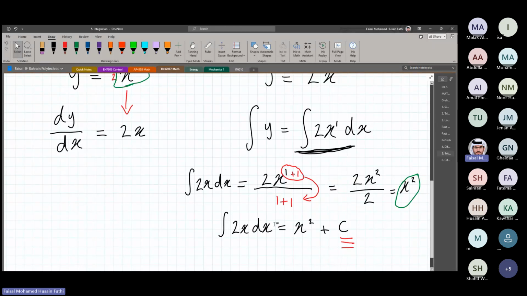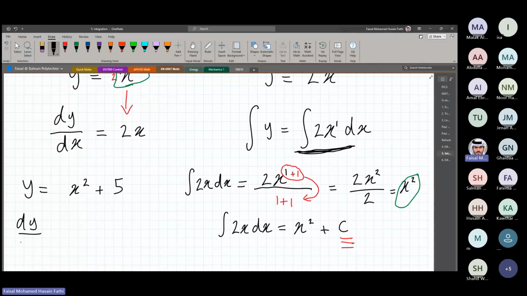A better way to understand this is, we have y is equal to, not 2x squared, but x squared plus 5. If we want to derive this, dy by dx, we do differentiation, this is going to be 2x. With 5 it will become 0. Then it's a constant.